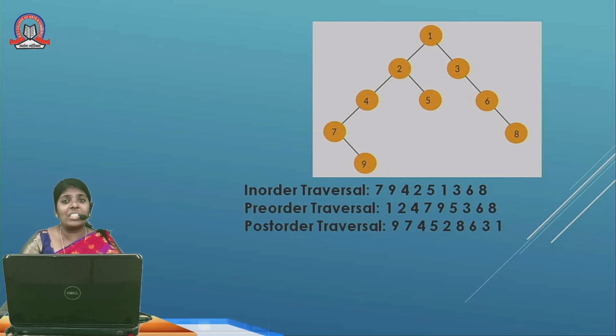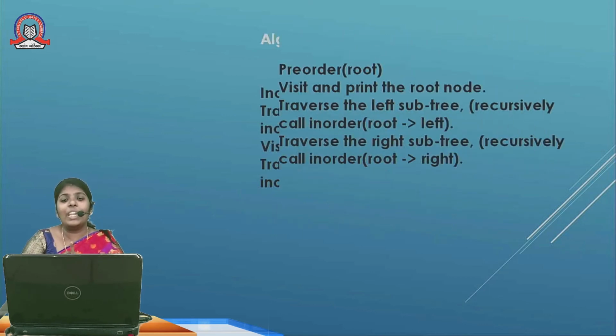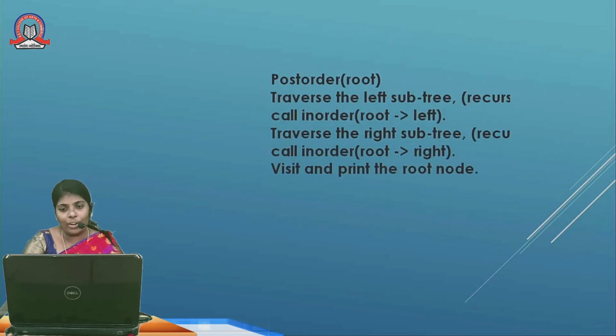In in-order, first you see the left, root, right. In pre-order, first the root, left subtree, right subtree. In post-order traversal, first the left subtree, right subtree, then you traverse the root. So these are the three traversals: in-order, pre-order, and post-order.